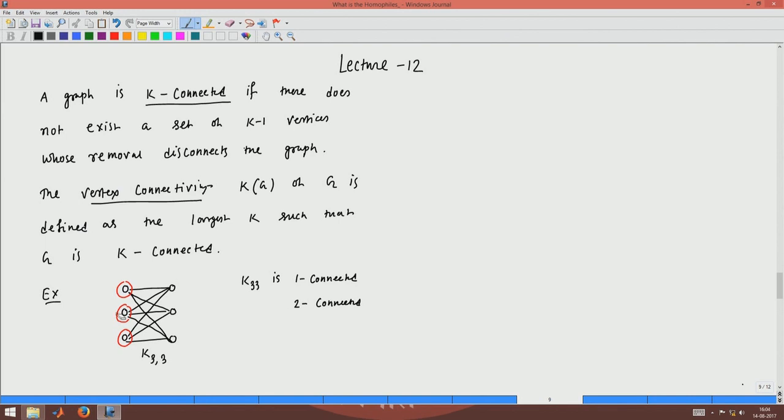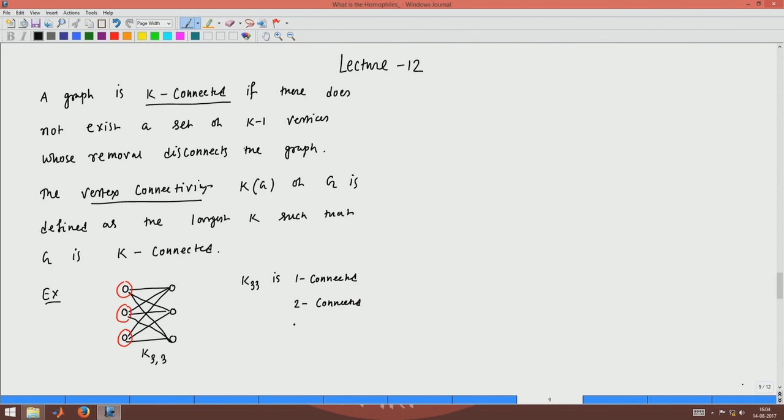For example, if I just remove this vertex, then the graph does not become disconnected. So, it is two connected graph.